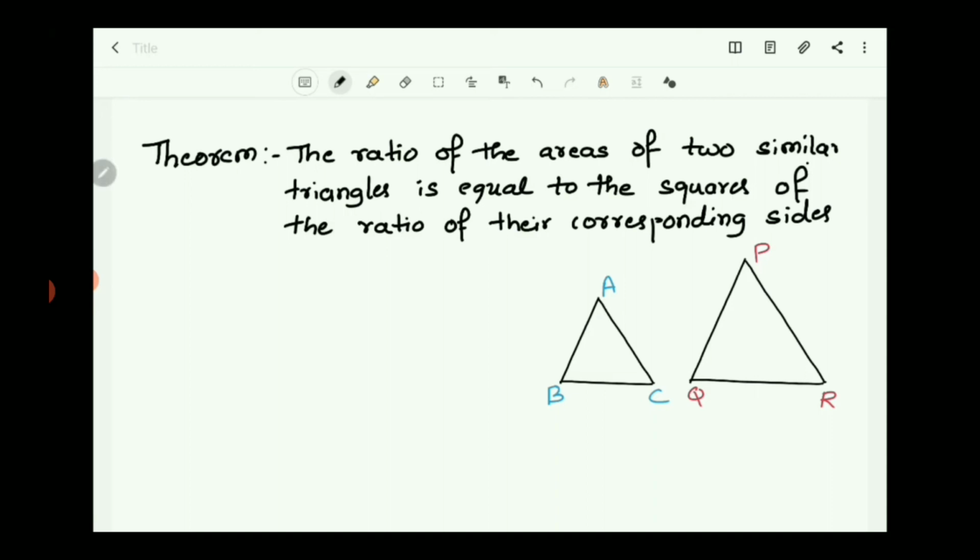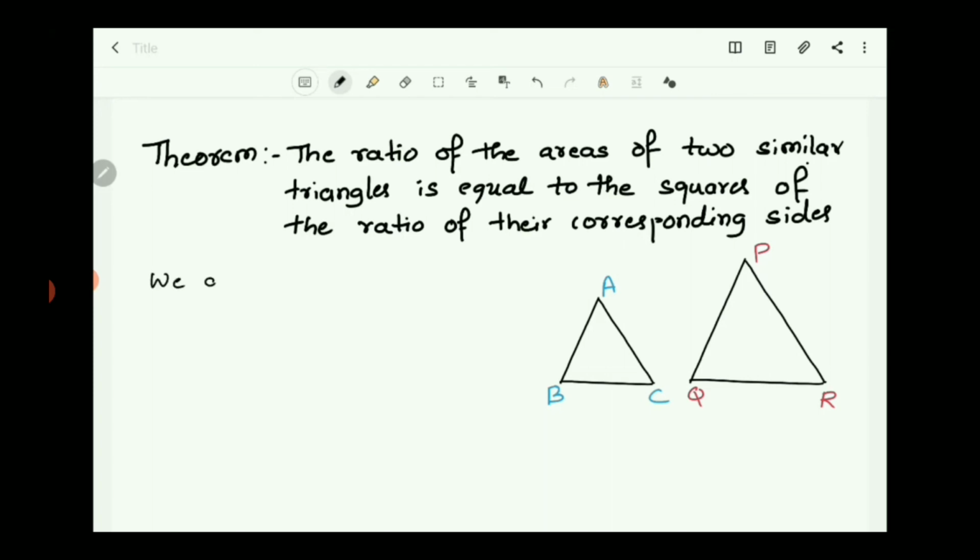Now here, take two triangles which are similar, and similar means you know that their corresponding sides are in the same ratio. Now to prove this theorem, what is given here? It is given that triangle ABC and triangle PQR are similar triangles.